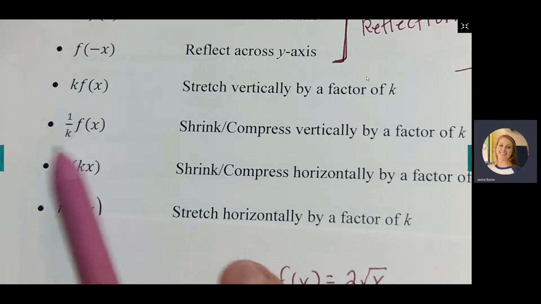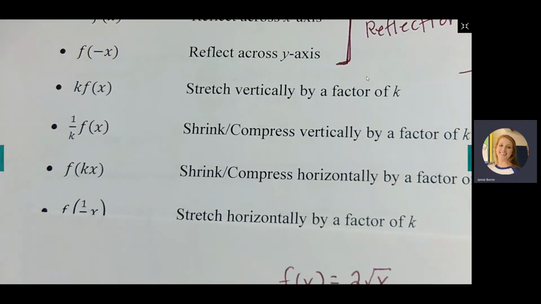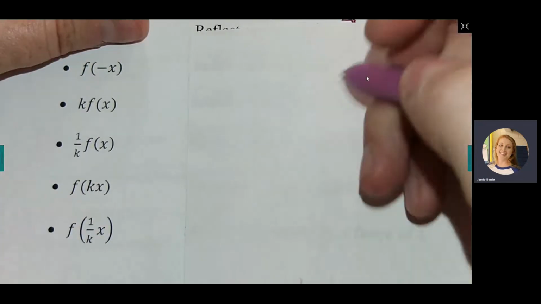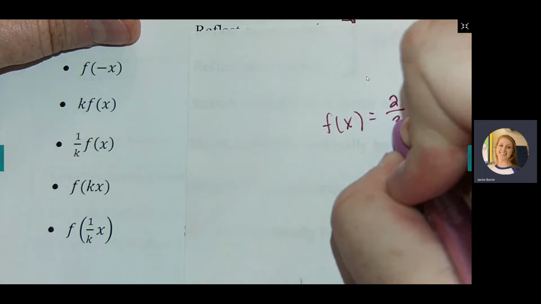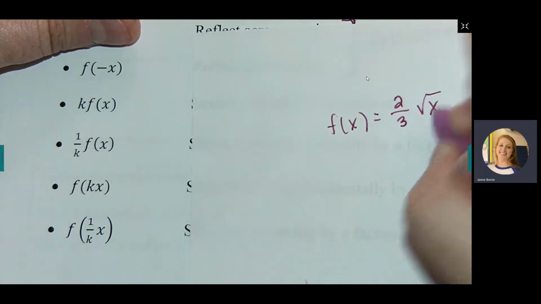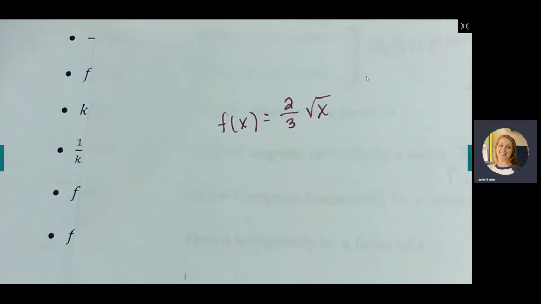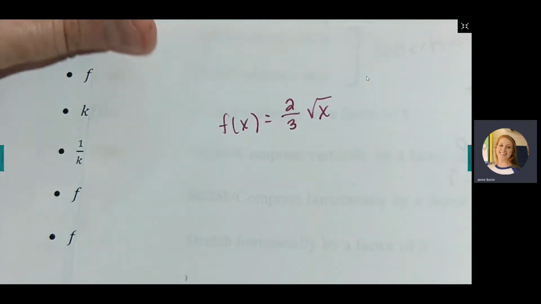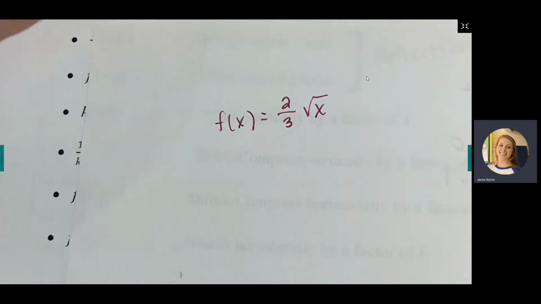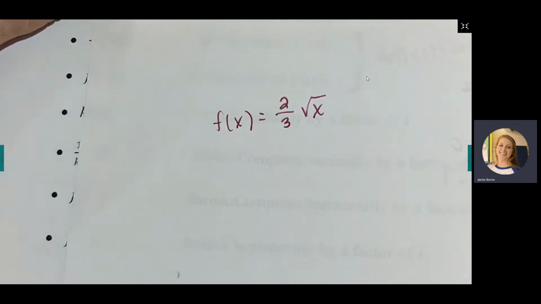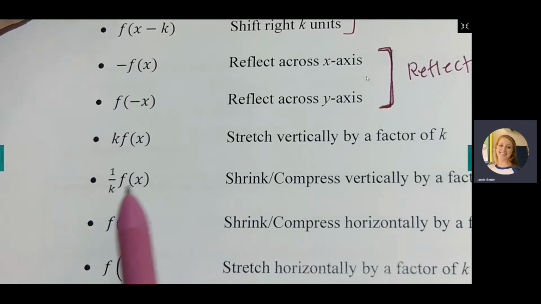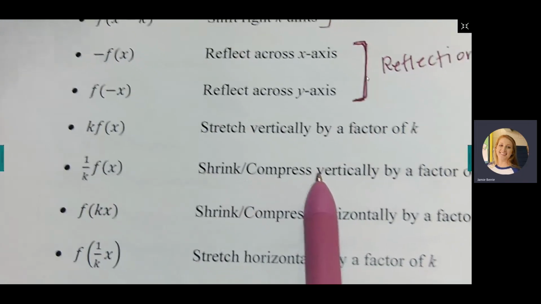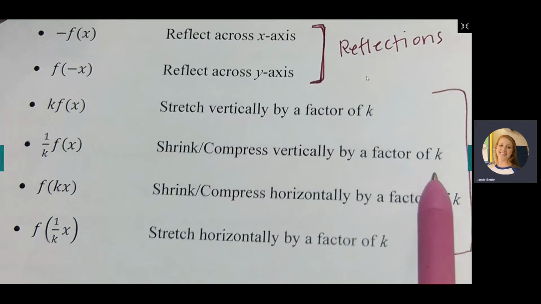So all the examples that I give you will have 1 in the numerator of the fraction, but if they give you something like, say, 2/3 times square root of x, then you would have to rewrite that fraction so that it had 1 in the numerator, which is kind of annoying. But all the examples that I give you in this class will have 1 in the numerator. So if you're multiplying by a fraction on the outside, it's going to compress it vertically by a factor of whatever the denominator is.